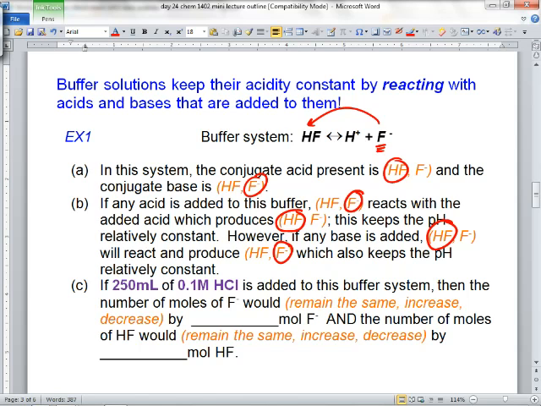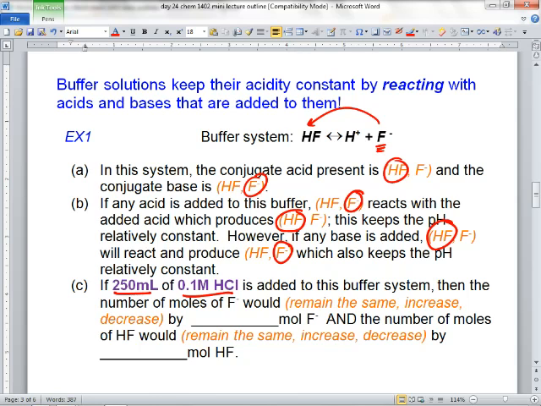We add 250 mL of 0.1 molar HCl. The number of moles of F minus should what? We're adding a strong acid. F minus would decrease, because what's going to react with that strong acid?